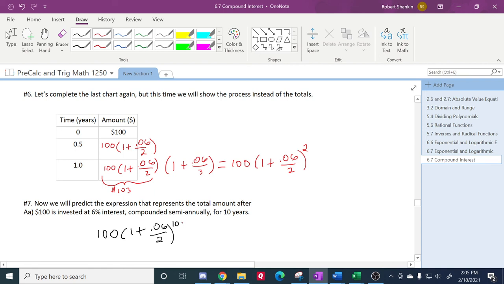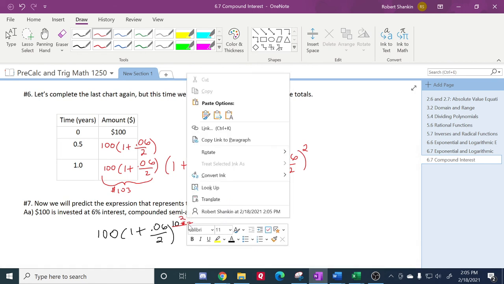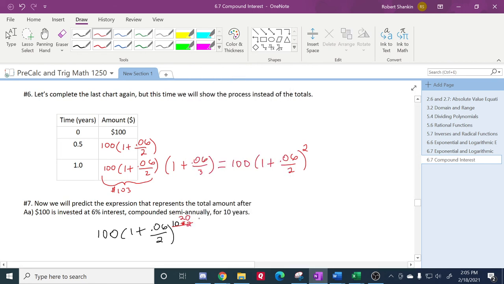It's to the 10 times 2, which is going to be then 20. Now, why in the world is it going to be that? Why doesn't just the year show up? Well, because look at the end of 1 year, what was the exponent? 2, because there were 2 compoundings each year.